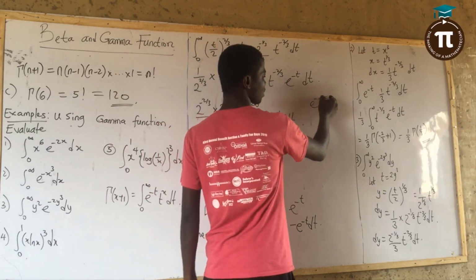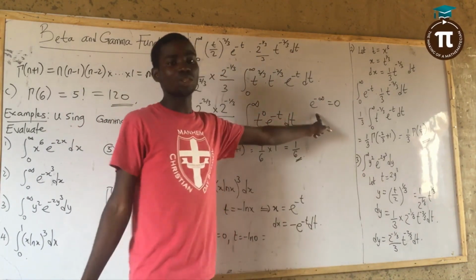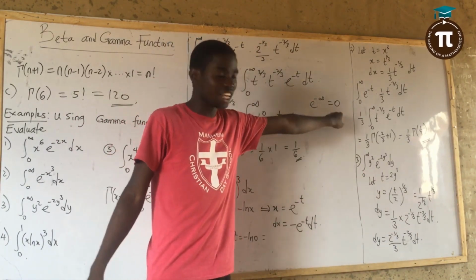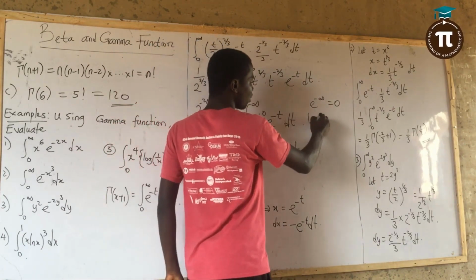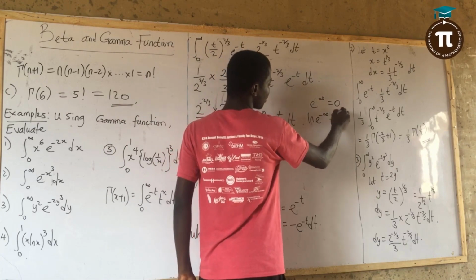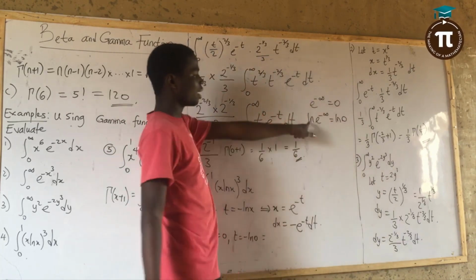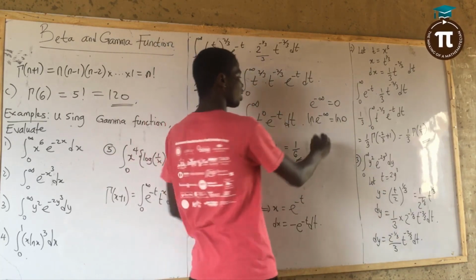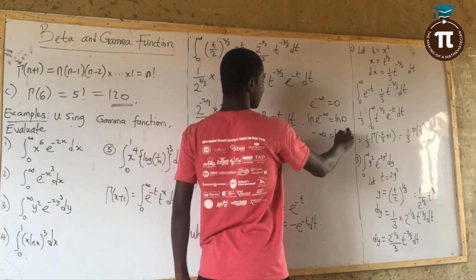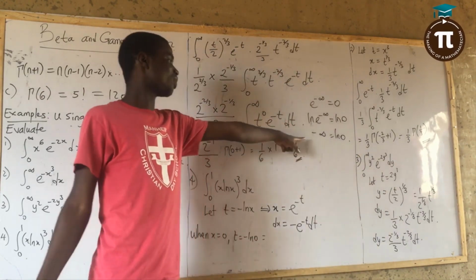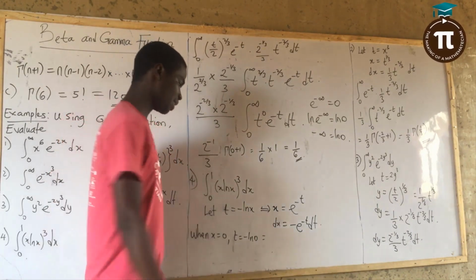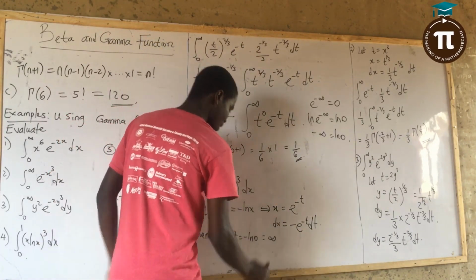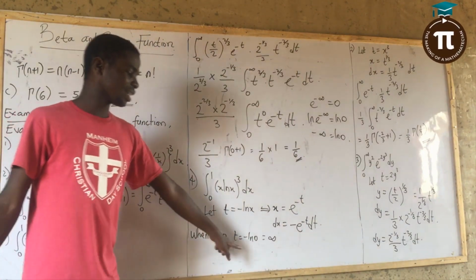Because e raised to power minus infinity gives 0. Taking the ln of both sides, ln of e raised to power minus infinity is equal to ln of 0. Ln of an exponential gives me what is at the power, so minus infinity is ln 0. So I have minus multiplied by minus infinity, which gives plus infinity. So when s is 0, t is infinity.